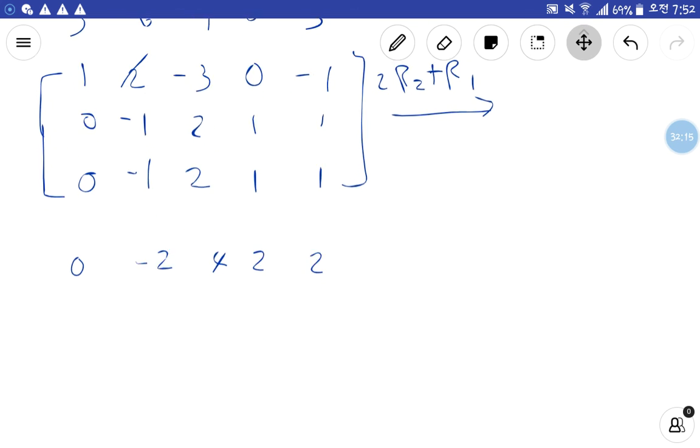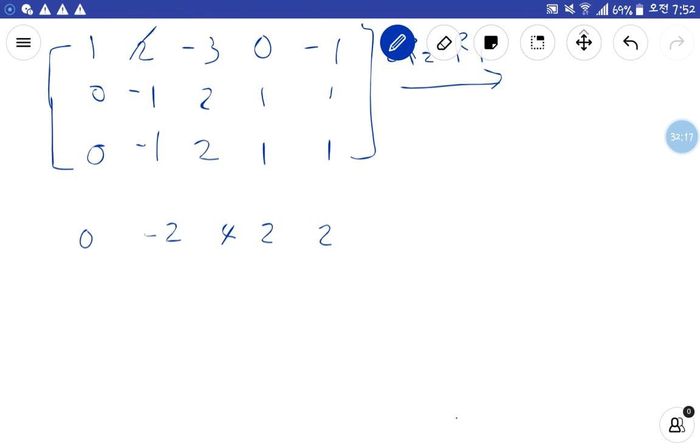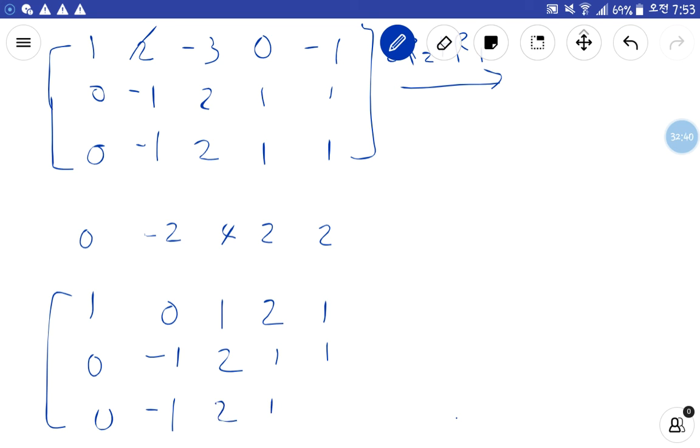I'm going to add it to my first row: 1, 0, 1, 2, 1. I got 0, negative 1, 2, 1, 1.